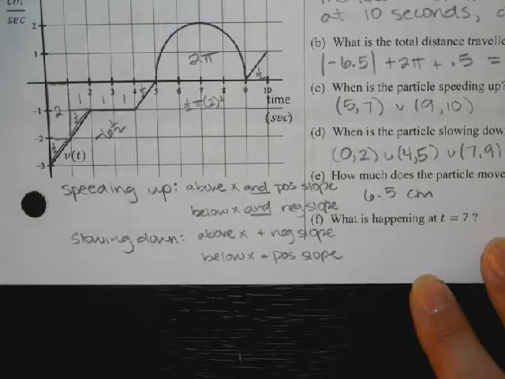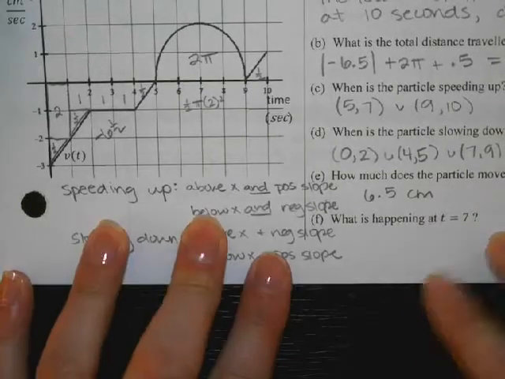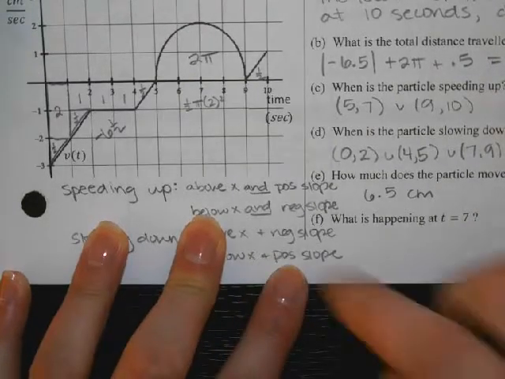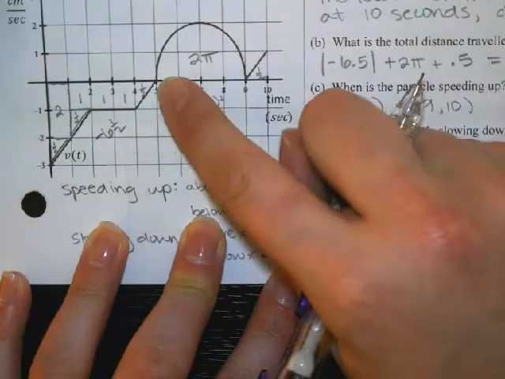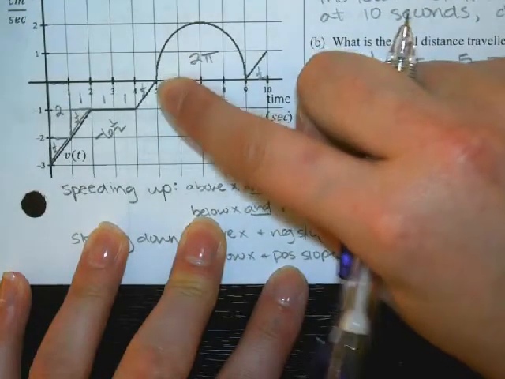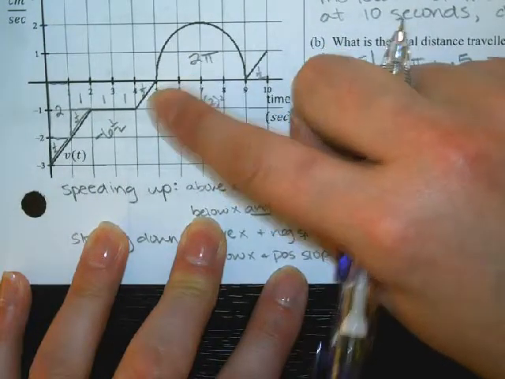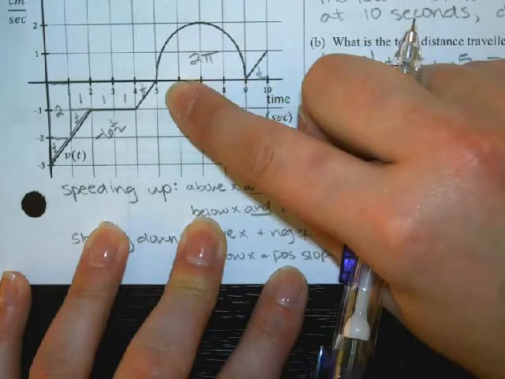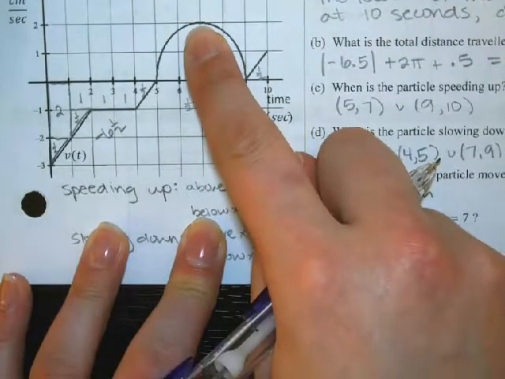What is happening at 7 seconds? Say it again. I said change direction first, but now I said change speed. Yeah, really. So it wouldn't be changing directions, because left to right happens at x-intercepts. Velocity is negative, then velocity is positive. That's left to right. The slope is 0. What does it mean if the slope is 0?